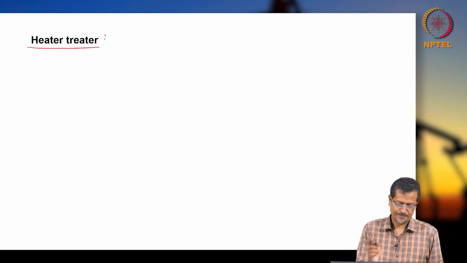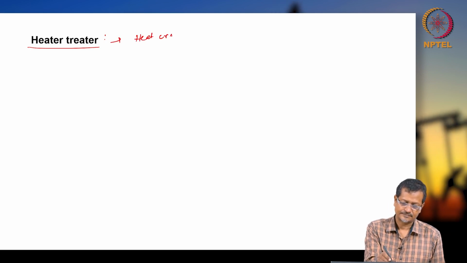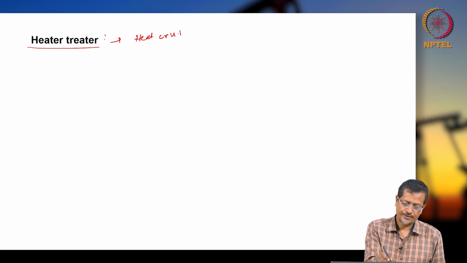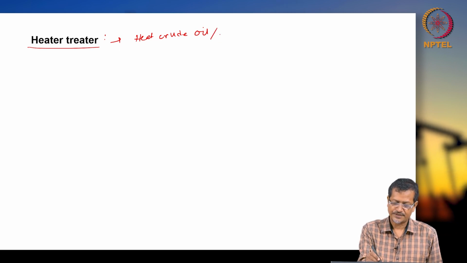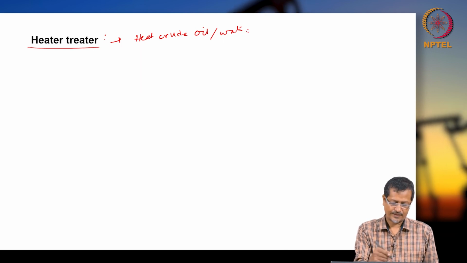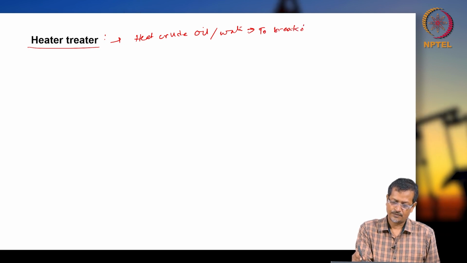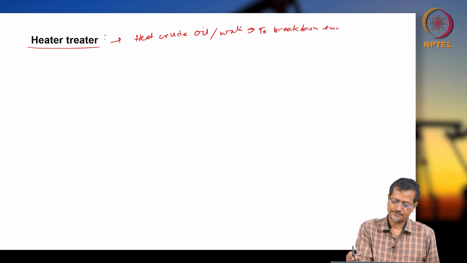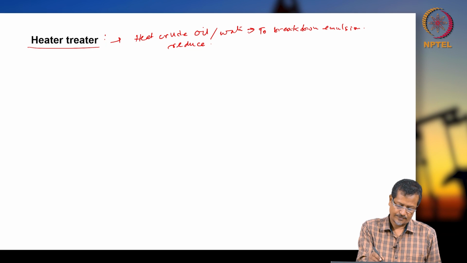Now the heater treater, a term we have used several times. The main function of the heater treater is to heat crude oil. It may be a crude oil and water mixture, or only crude oil. You are heating to break down emulsion and reduce viscosity.